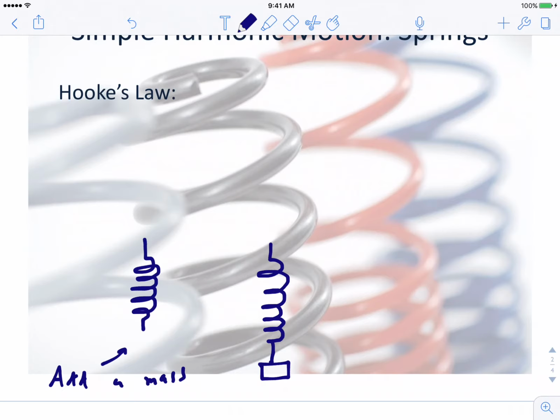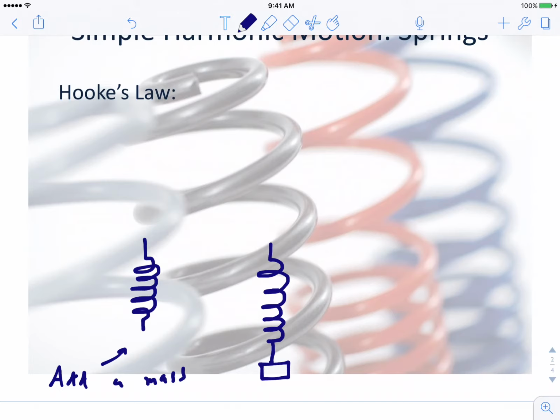So as we add mass to the spring, of course, it's being influenced by the force of gravity. So there is a weight force pulling down on the spring, and that is what is going to stretch the spring out.